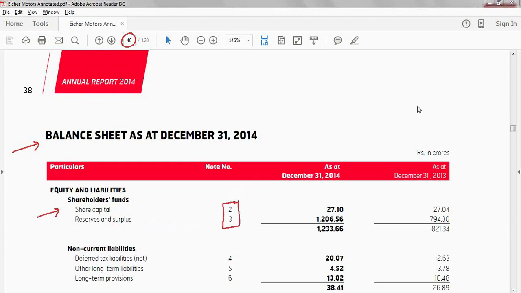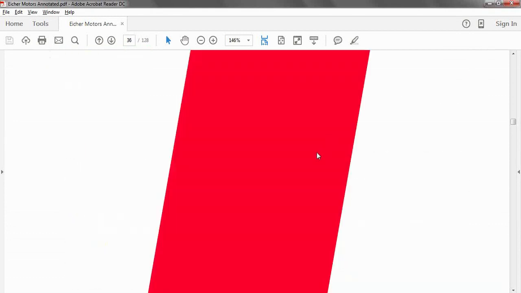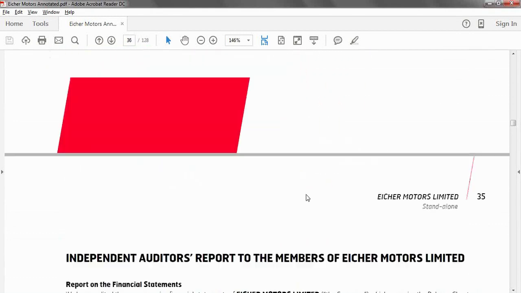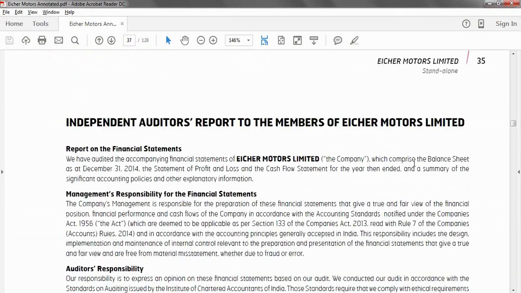Just before this, if we go to the previous pages, you start with financial statements, and on page number 37 you will have the independent auditors' report to the members of Eicher shareholders. So reports on financial statements, auditors' responsibility, management's responsibility.